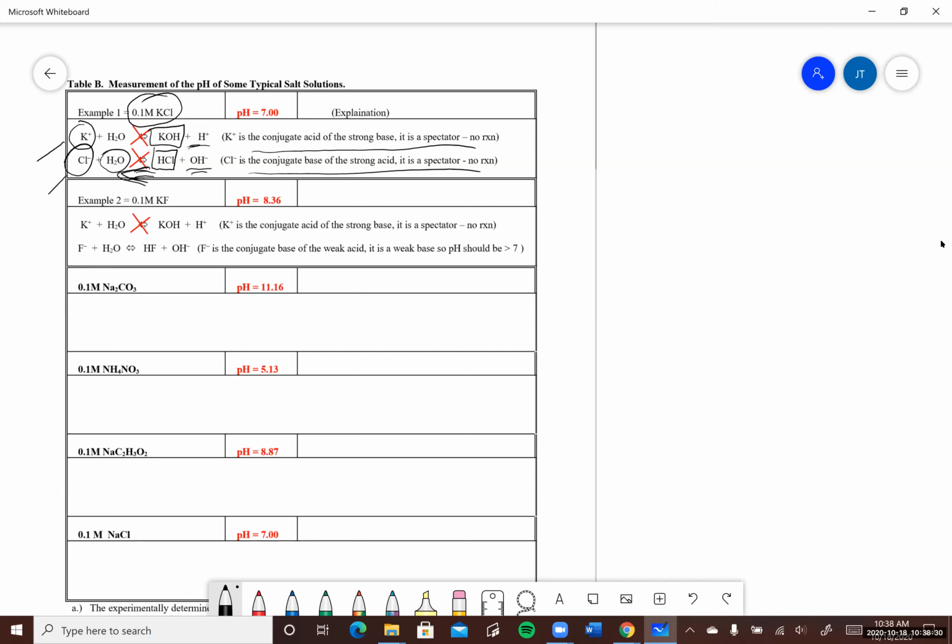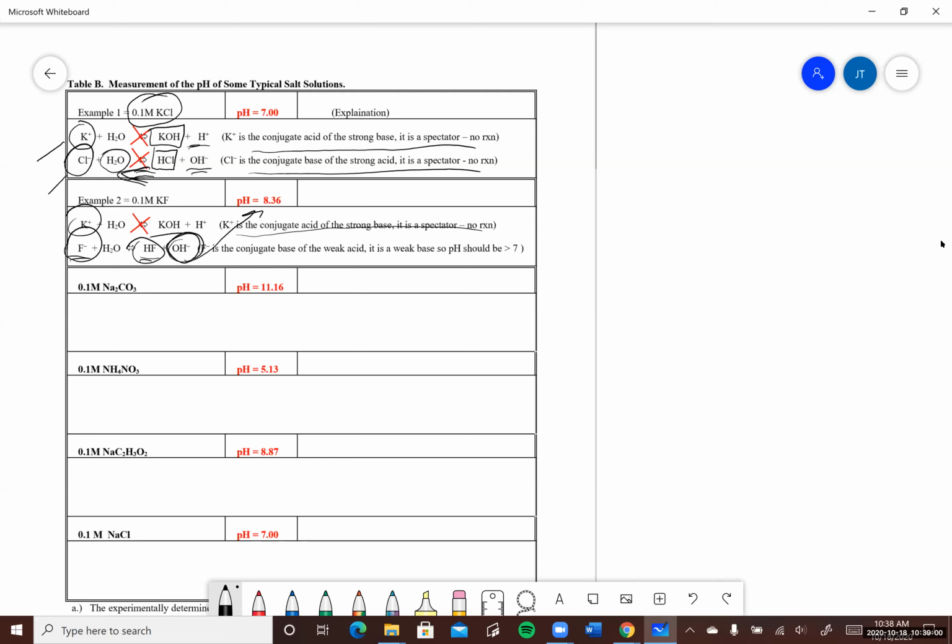Now for this case, example 2 that's done for you, again, there we have a conjugate of a strong, so it's a spectator, but this conjugate is the conjugate of a weak acid. So it's going to be basic. It's going to react a little bit, come to equilibrium with that weak acid, and in the process generate a little bit of hydroxide, and that is going to be enough to make the pH greater than 7. And so you're going to write out these reactions just like they did.